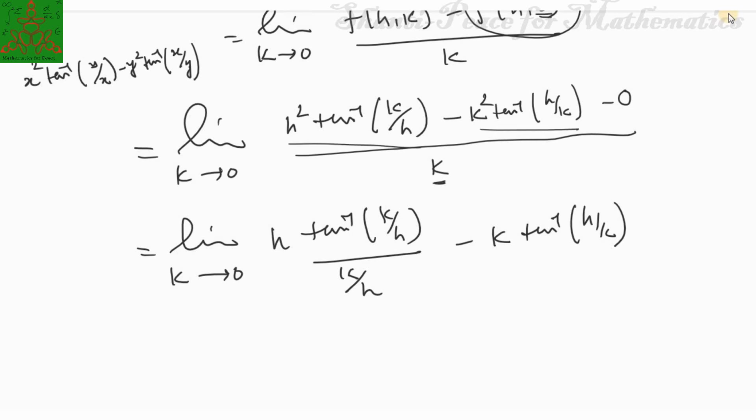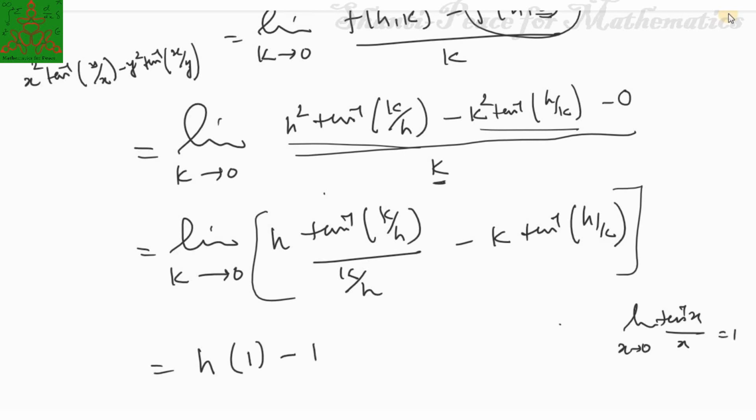So we have the limit of tan inverse of x upon x, as x tends to 0, is 1, so this quantity will be h. The second quantity is bounded, and as k tends to 0, this will be 0 into some bounded thing, and 0 into anything is 0. So finally you will have h as the answer for this.